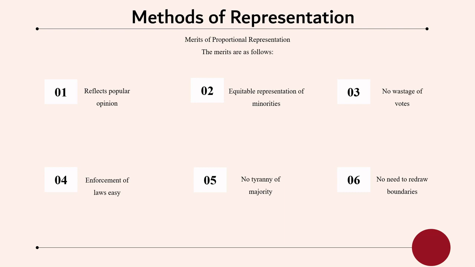Sixth, no need to redraw boundaries. There will be no need to redraw the boundaries of the constituency to equate the number of electors in the constituency on the basis of election.